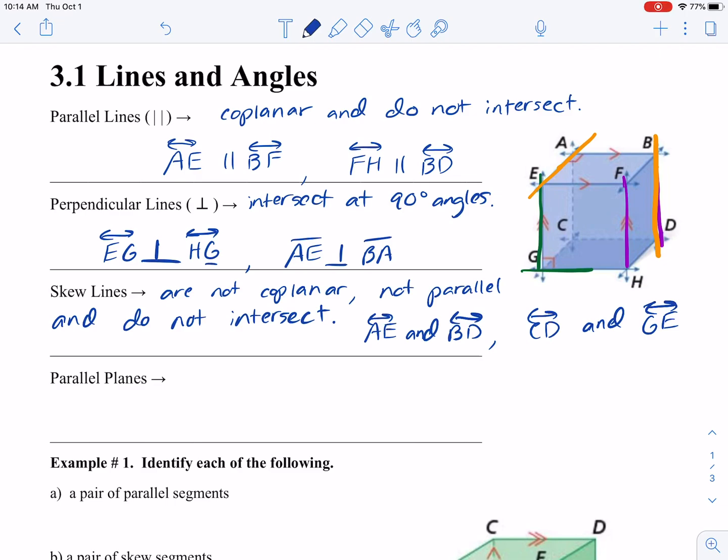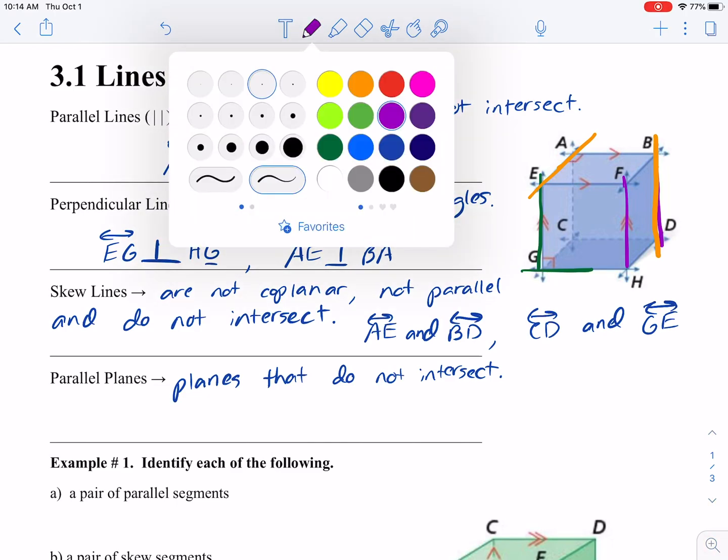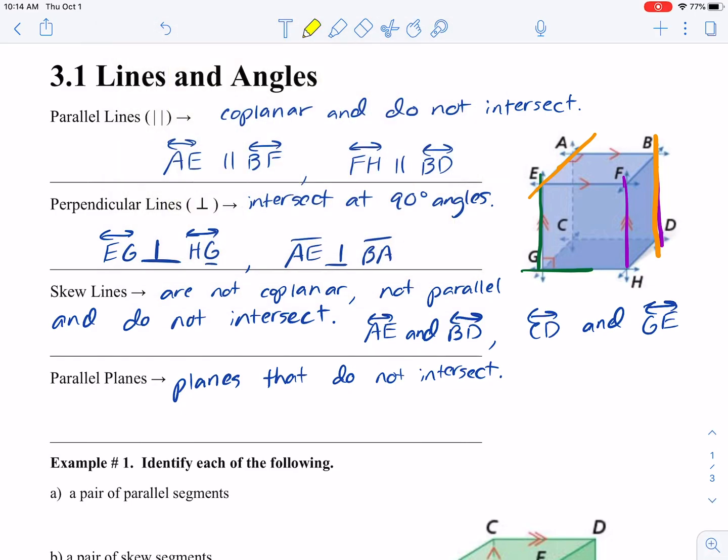And then last but not least, parallel planes. Just like parallel lines, but planes that do not intersect. A couple of examples: you could say the front and the back of this cube, or the top and bottom.